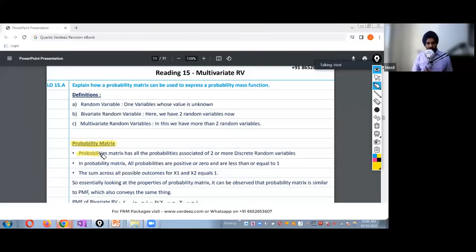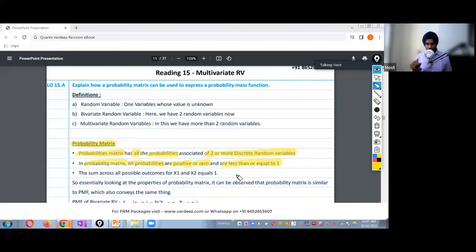Now, a probability matrix has all the probabilities that can be associated with two or more discrete random variables. It's a table kind of thing wherein you can see the probabilities of two or more random variables. In a probability matrix, all the probabilities are positive, or they can be 0, and are less than or equal to 1, which is a property of probability.